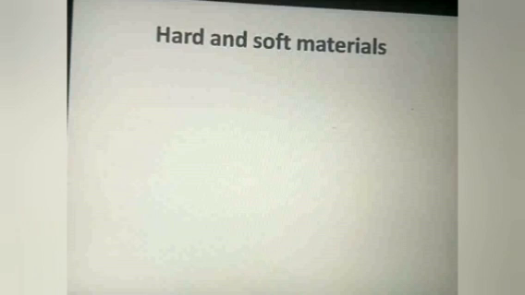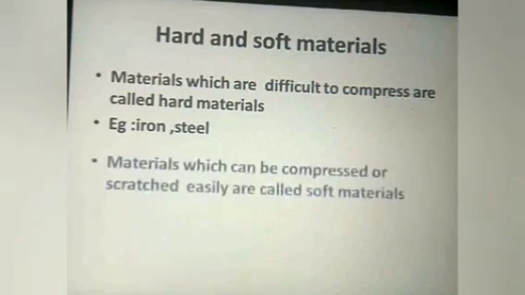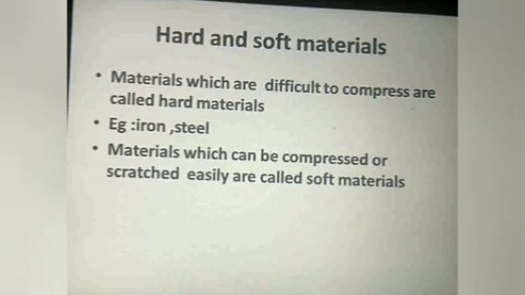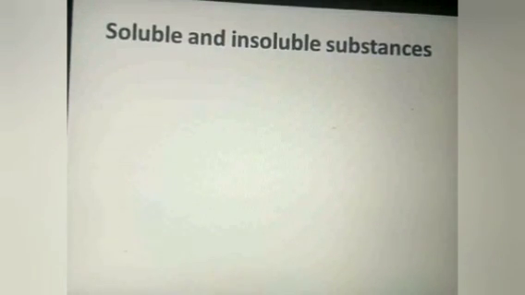Hard and soft materials. Materials which are difficult to compress are called hard materials. Example, iron, steel. Materials which can be compressed or scratched easily are called soft materials. Example, cotton, sponge. Soluble and insoluble substances.